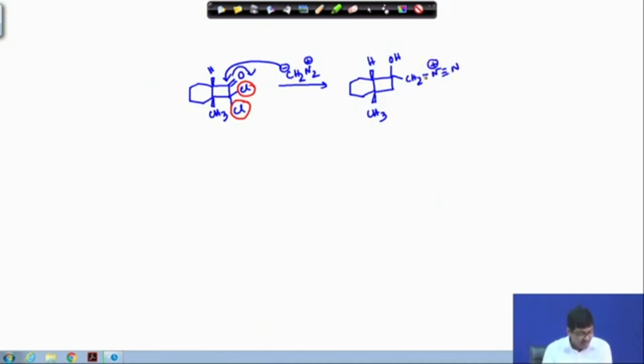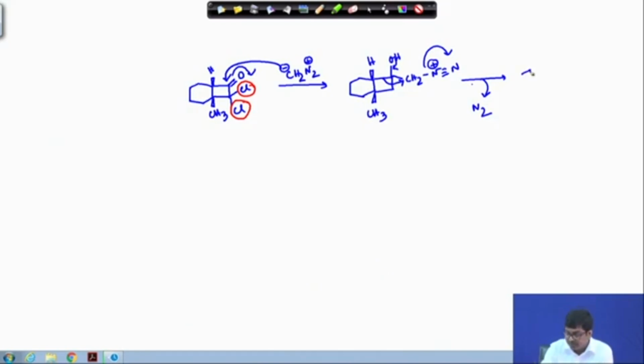okay. Now, once it is there, then this can nicely migrate over this for the nitrogen elimination. And if you see carefully, you can understand that here the 4 member ring can be expanded to a 5 member ring, right.